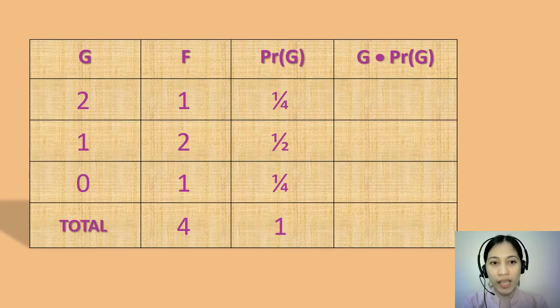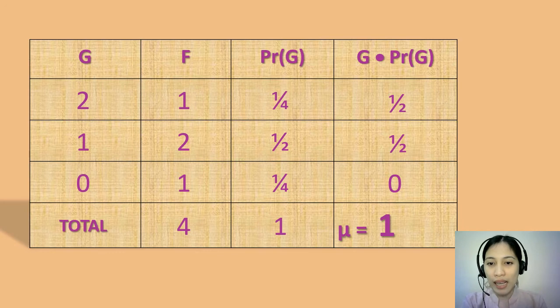To illustrate, we are going to use a table showing the product of an event and its probability. 2 times 1/4 will give us 1/2. 1 times 1/2 will give us 1/2. And 0 times 1/4 will give us 0.